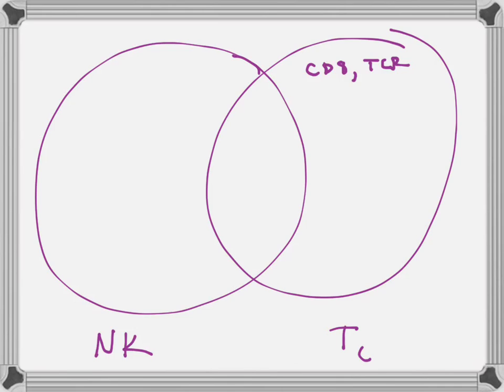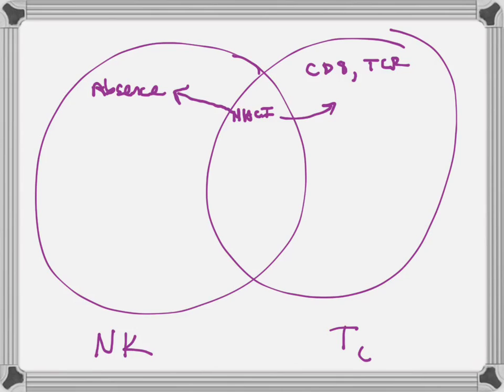Is it something common between the 2 of them? Well, one recognizes the presence of it. Good. So there is a commonality in that they're both looking for MHC1. But in the case of NK cells, they are looking for the absence, which would indicate there's something not right about that cell.